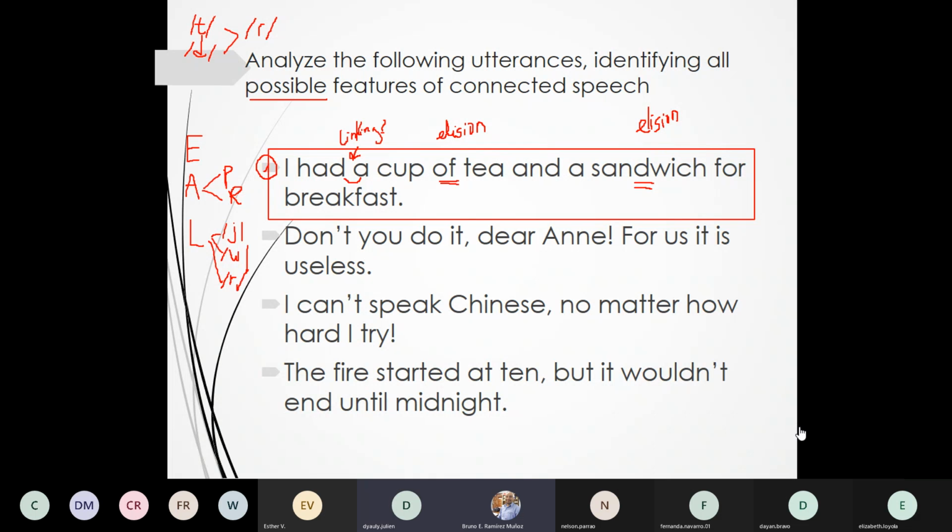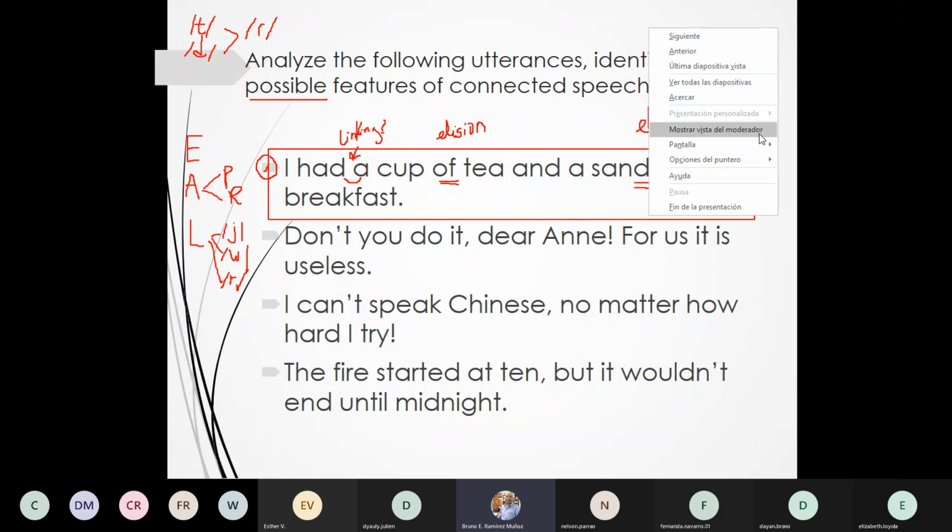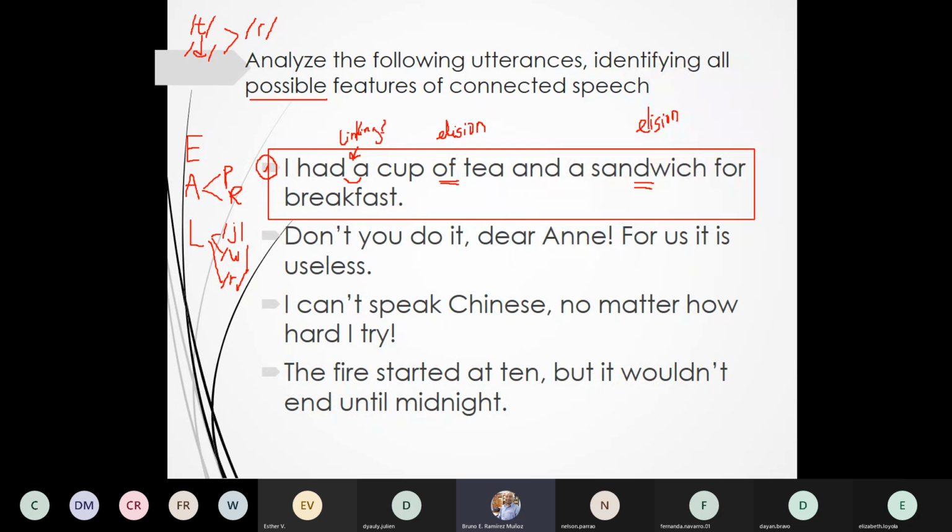Sorry, in this case, we're not inserting an r after the d, because in the concept of intrusion, let me change this to laser point. Okay. In this case, if we think about an intrusive R, we are inserting an r, which is not there in the spelling, after the d.